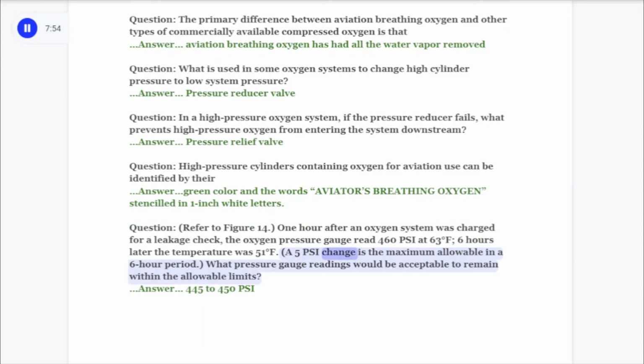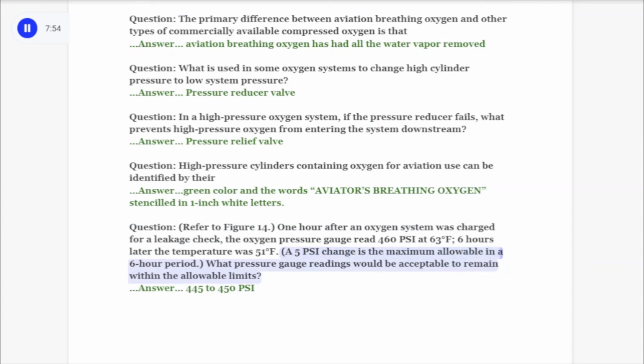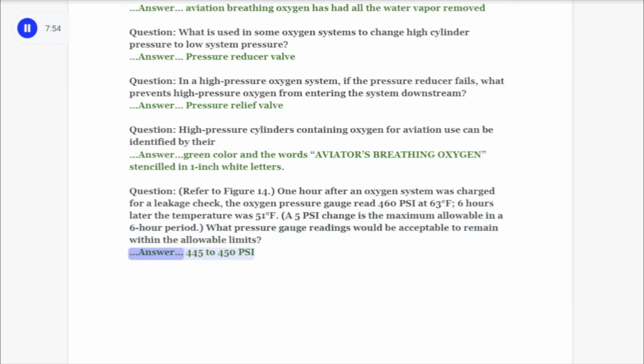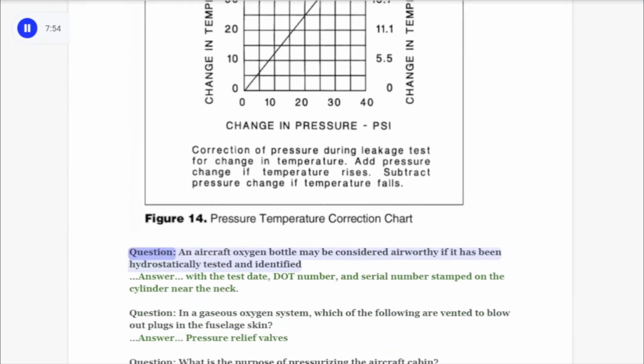A 5 psi change is the maximum allowable in a 6-hour period. What pressure gauge readings would be acceptable to remain within the allowable limits? Answer: 445 to 450 psi.